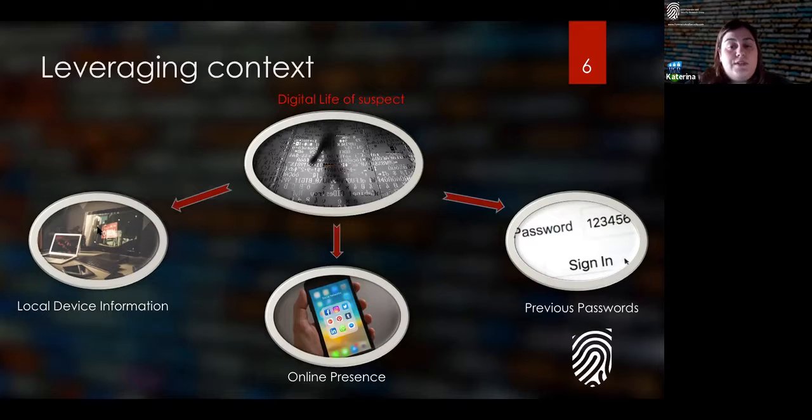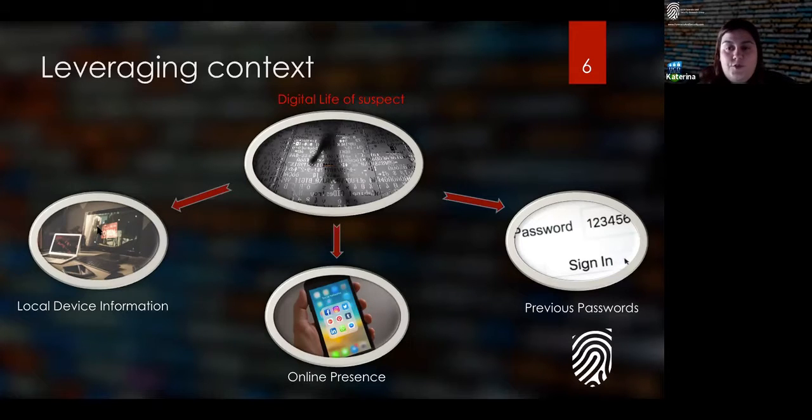There's also their social media presence, where criminals use social media the same way as average users do. And you can find their connections and their interests. And law enforcement can also use the information from social media to create a more detailed timeline of the whereabouts.